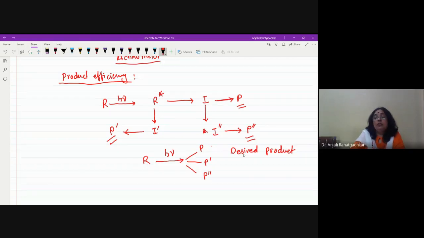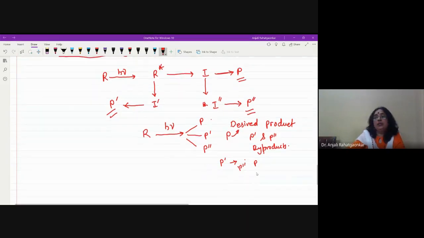In this case P might be a desired product, and the rest can be byproducts. Or in some cases P single dagger is your desired product, and P dash, double dagger may not be.